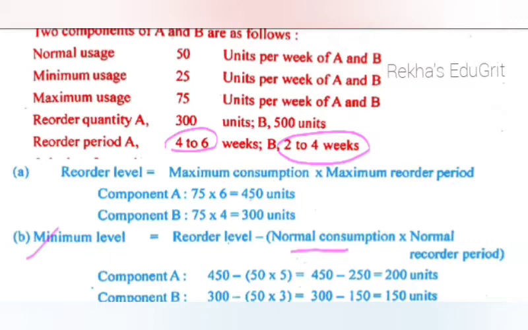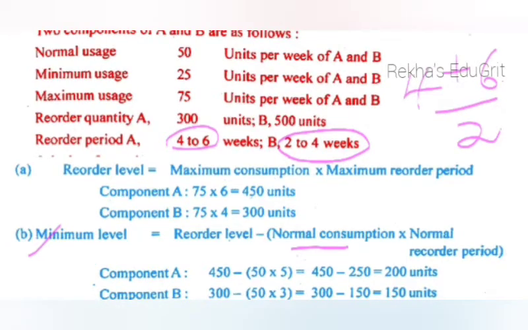We can take the middle value, or add 4 plus 6 divided by 2 to get 5, and for B, 2 plus 4 divided by 2 to get 3. Do either by adding and dividing by 2, or take the middle value.